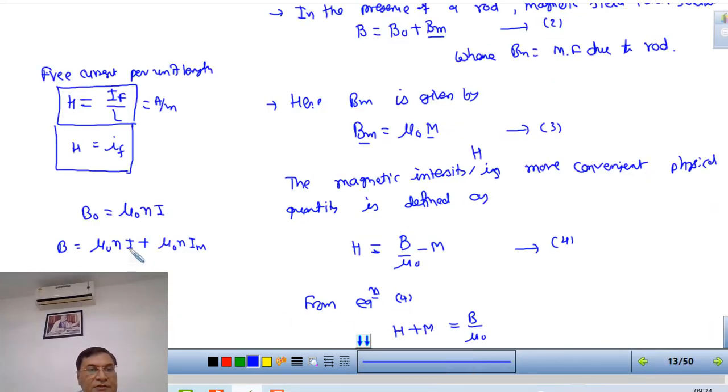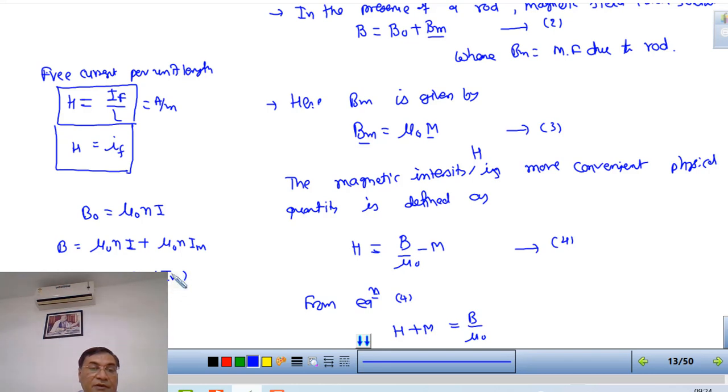So this current is the current flowing through the solenoid, and this other current we can imagine flowing through the solid. So this is the magnetizing current. So B is mu 0 n times I plus Im. B is the magnetic field because of the presence of the rod. mu 0 is the vacuum permeability, n is the number of turns per unit length, and I is the current flowing through the solenoid.